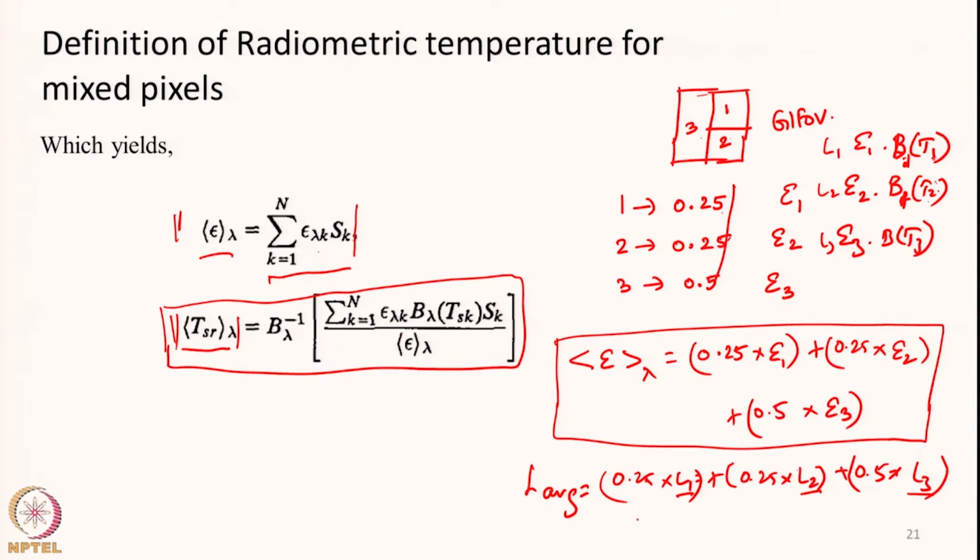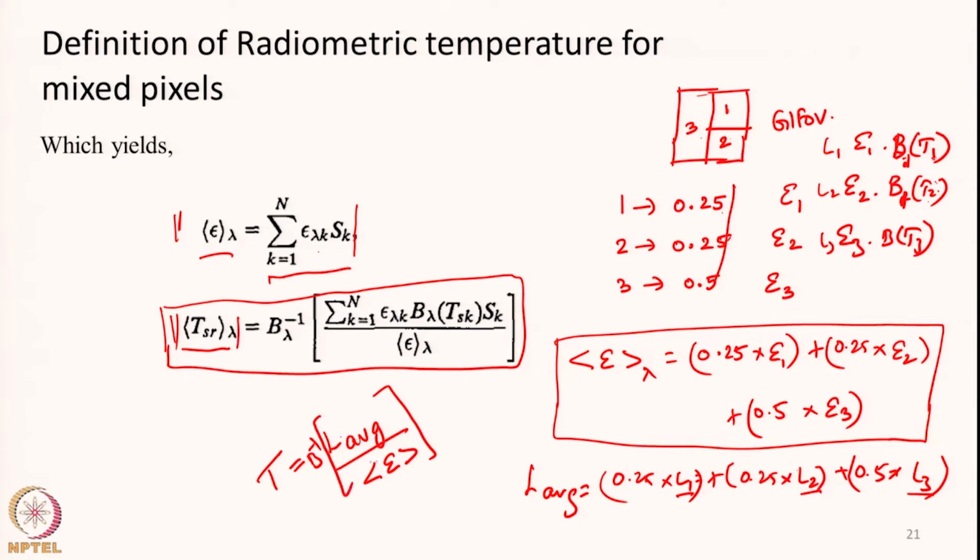So, this is the L average. Now, to calculate the radiometric temperature, what will we do? The temperature of this particular pixel is equal to this average radiance divided by average emissivity.